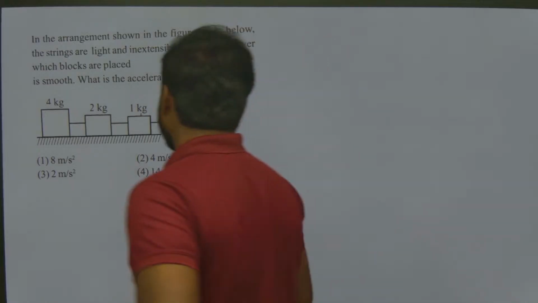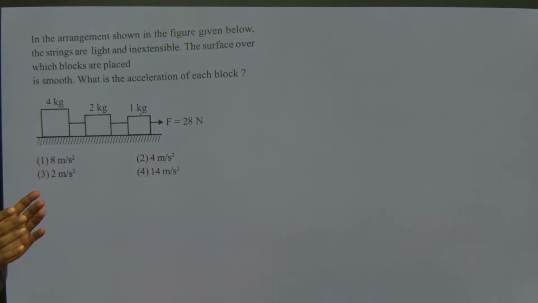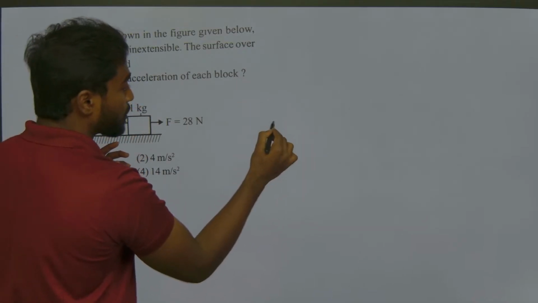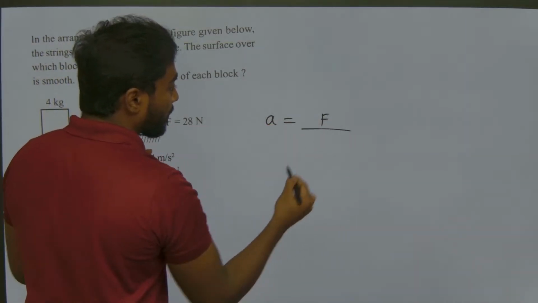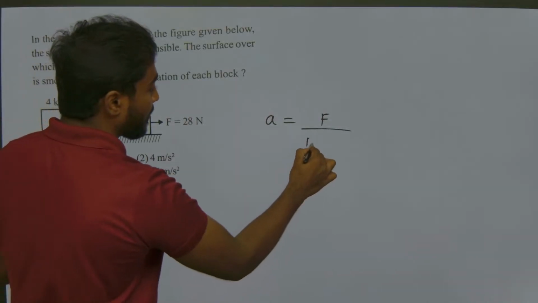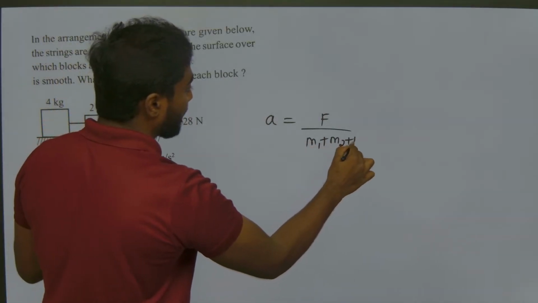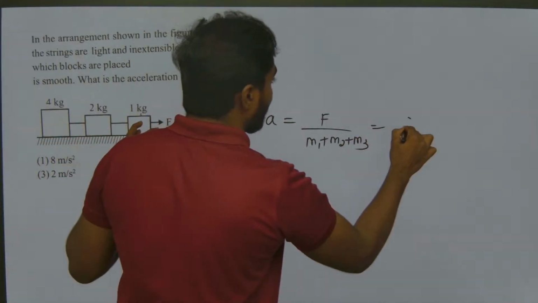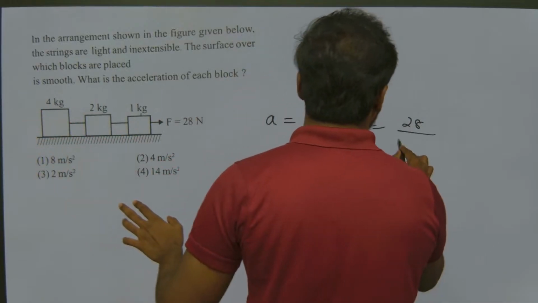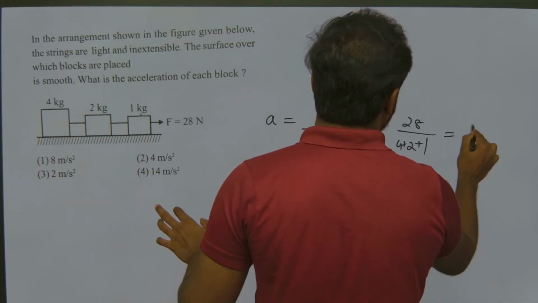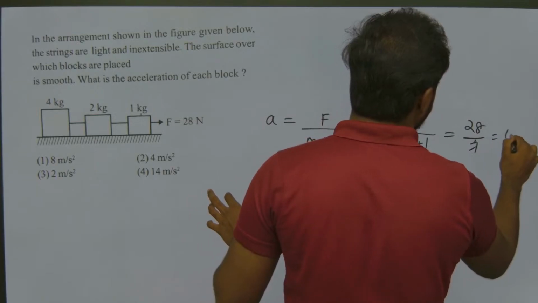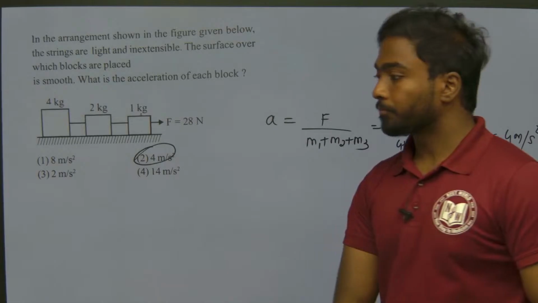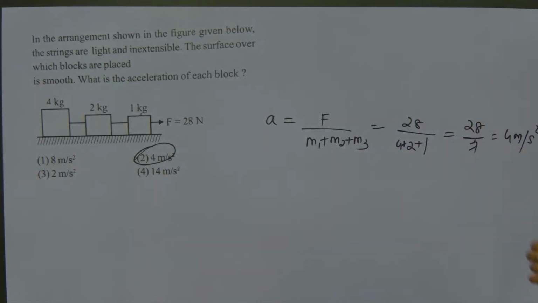So acceleration will be equals to force by sum of mass. What is sum of mass? m1 plus m2 plus m3. This is the direct thing. So what is the force? 28. So 28 by what are the masses? 4 plus 2 plus 1. So 28 by 7 will be 4 meter per second square. Option 2. Right?